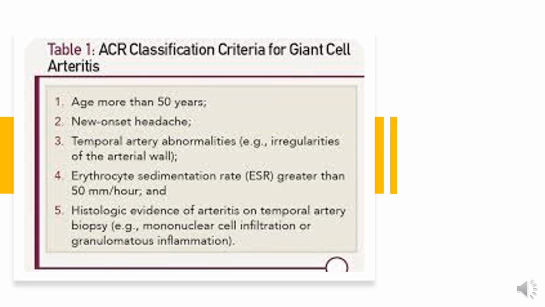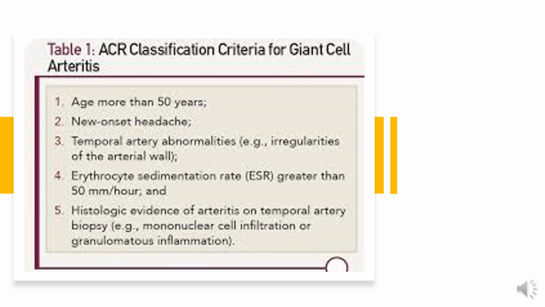ACR classification criteria for giant cell arteritis. First, age more than 50 years. Second, new onset headache. Third, temporal artery abnormalities, for example, irregularities or nodularity of the arterial wall.